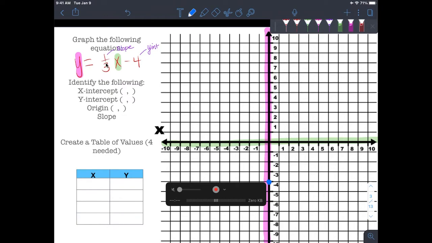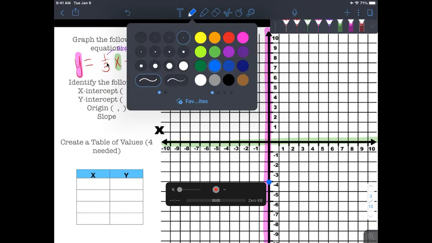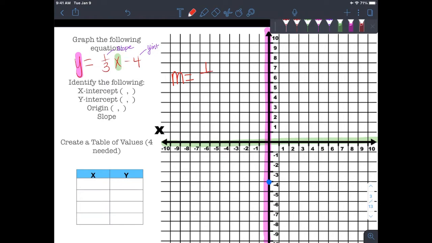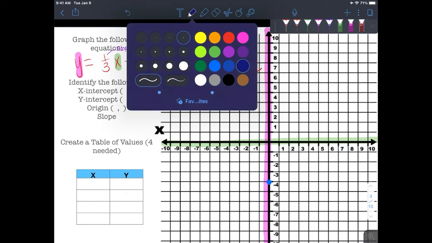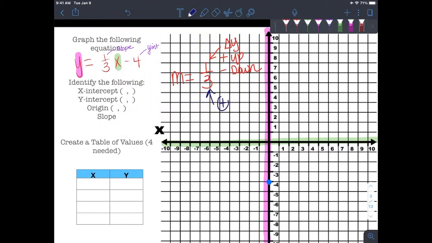Now I'm going to take a look at my slope. I'm going to copy my slope over: m equals 1/3. The number at the top tells me how to move in the y direction, sometimes called the difference in y. If it's positive, I go up. If it's negative, I go down. At the bottom, if it's positive, I go to the right because this tells me about my x's, and if it's negative, I go to the left.